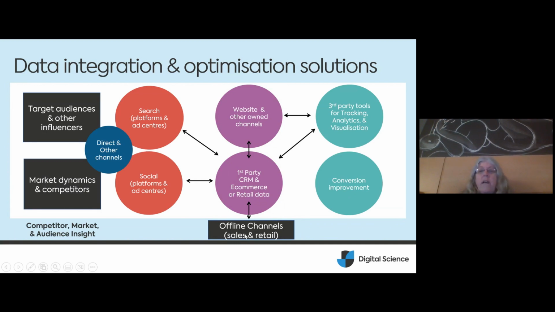Doesn't matter what it is, but this will support your CRM system or your marketing automation system. CRM is customer relationship management or database. Your e-commerce or your retail data, and we will look at all the flows of data between these different systems, and where we can bring them in and out of each other.